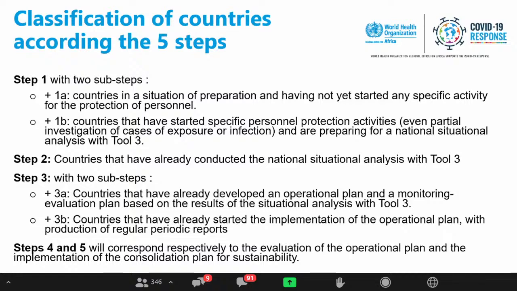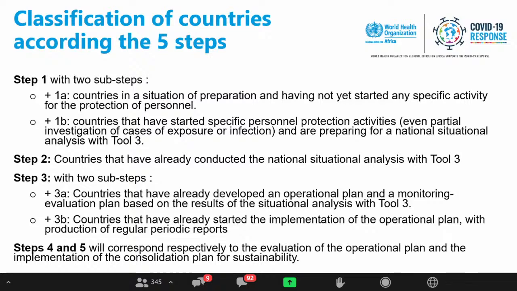Step 3B is for countries that have already started the implementation of the operational plan with production of regular periodic reports. Here also it's very easy to classify according to the reports of activities for implementation and monitoring activities.